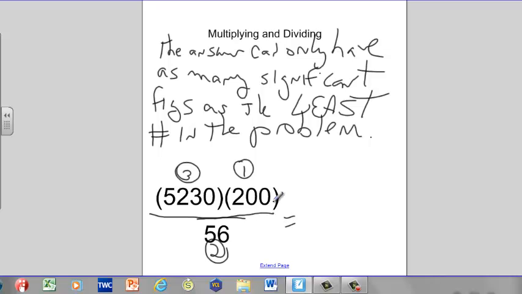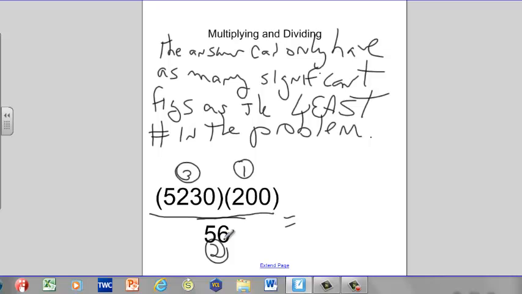So if I pull out my calculator and I do my math here, 5230 times 200 divided by 56, my calculator gives me 18,678.57143. But all those digits aren't real because I don't have enough digits to write all that down.